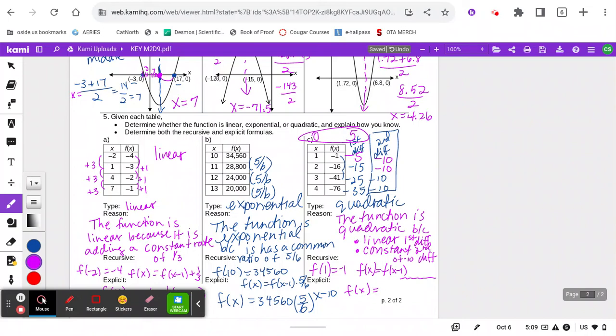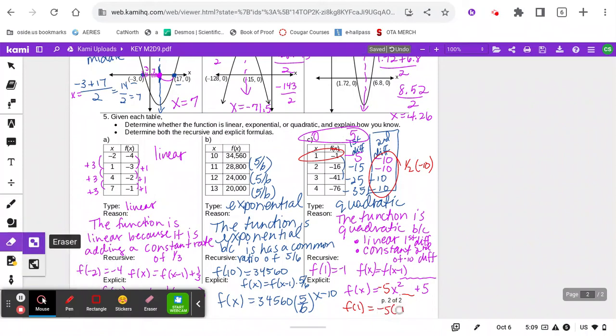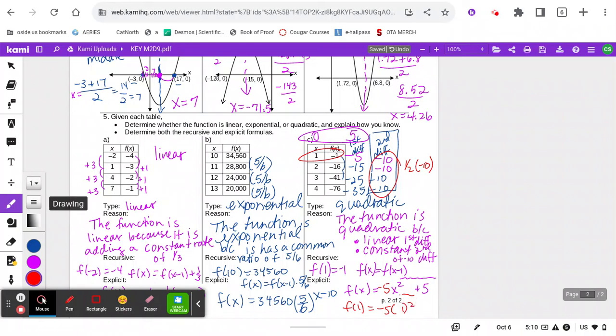So for my explicit, I know there's an x squared. I know there's a plus 5. In front of the x squared, I take half of the constant second difference. So that gives me negative 5 right here. Now I test it to see if there is a b value. So I'm going to use this input and output. F of 1 equals negative 5 times 1 squared plus 5. So negative 5 times 1 is negative 5 plus 5 is 0.